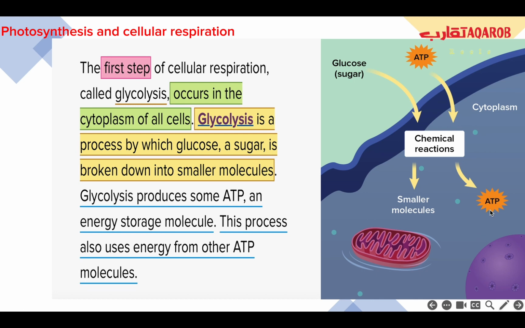This process also uses energy from other ATP molecules. As we said, this process needs glucose and some ATP from other processes. Glycolysis breaks down the glucose into smaller pieces, to produce smaller molecules and ATP as energy.